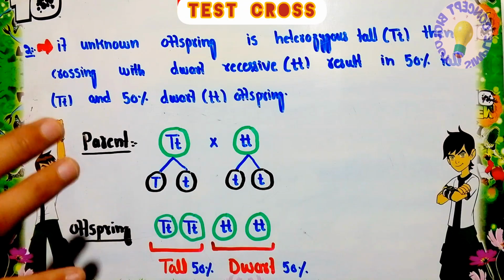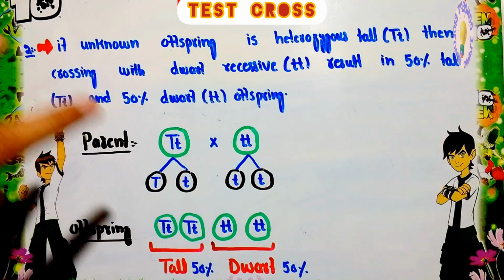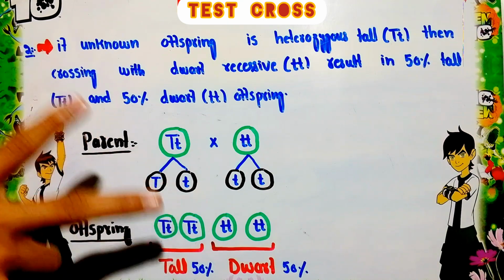Now we can easily find out the genotype of the F1 generation from two cases.